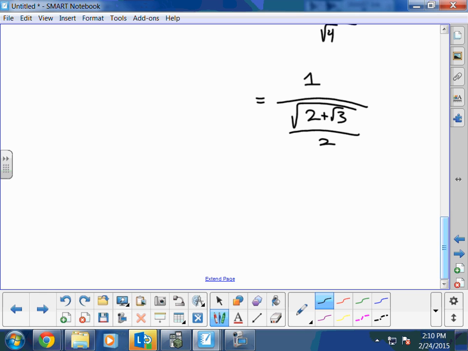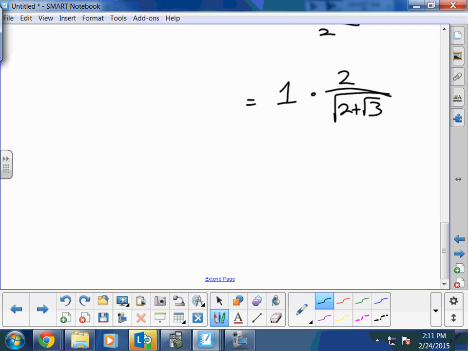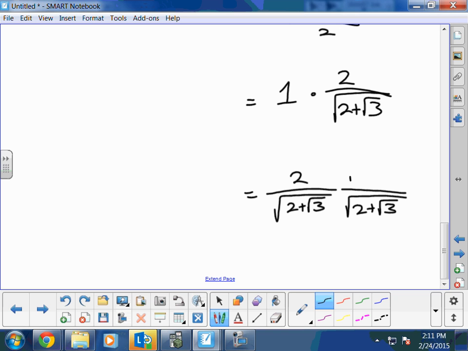And then from here we apply numerator times the reciprocal of the denominator, 2 plus square root of 3. So what's going to happen with this one, 1 times 2 is going to become just 2, over the square root of 2 plus square root of 3. I can't have that as a denominator, so I'm going to multiply this by 2 plus the square root of 3, and top by 2 plus the square root of 3.